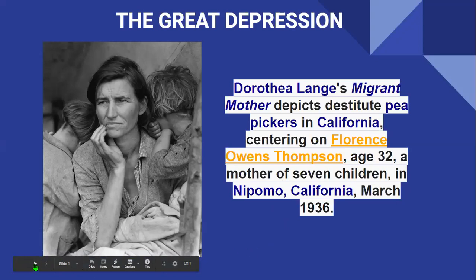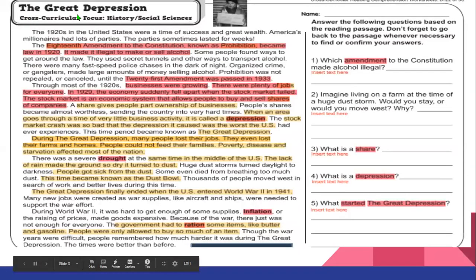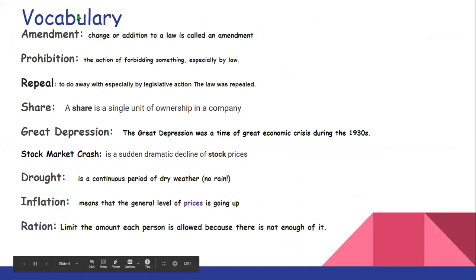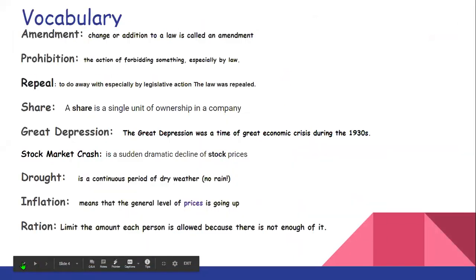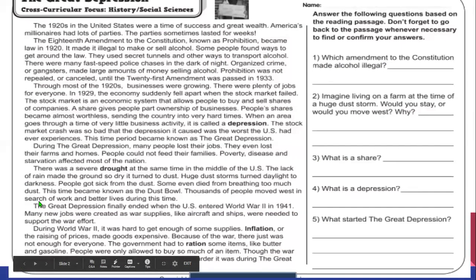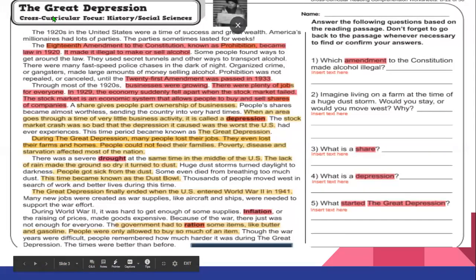So let's see. So you have this. Yeah. Okay. So the Great Depression. Oh, I see. I'm just playing it, and it's already done. So let me go back. All right. So this is what I'm hoping you have in front of you. I know I cut off the top part here, the Great Depression, but on the next slide, you'll see it.